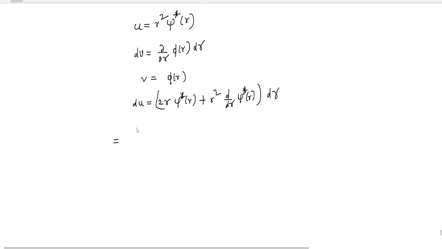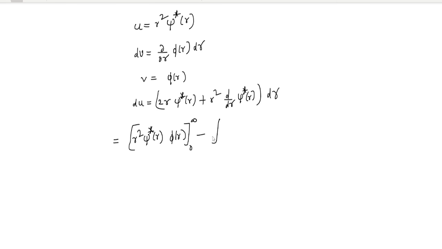That equals r² ψ*(r) φ(r) with limits 0 to infinity, minus the integral of v du. Du is this entire thing, 2r ψ*(r) plus r² d/dr ψ*(r), times dr. And v is φ(r).